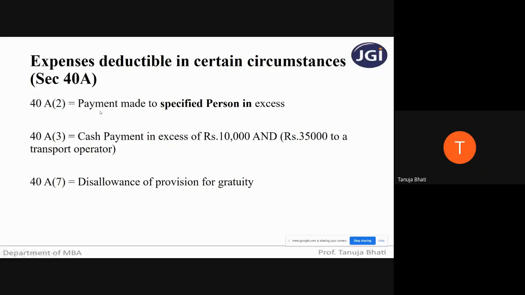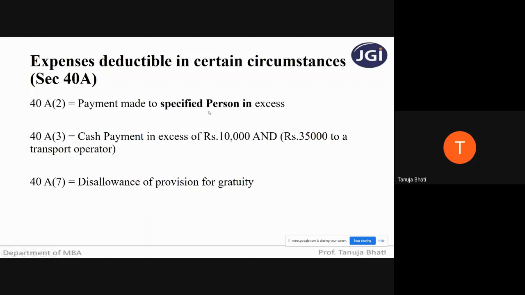So let us see first, payment made to a specified person in excess. What do you mean by specified person? A specified person is nothing but a related person. I'll just give you an example. Suppose I am running a business where I appoint my cousin sister as an accountant.